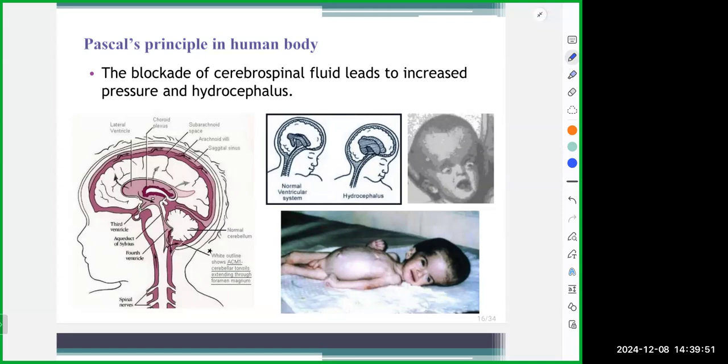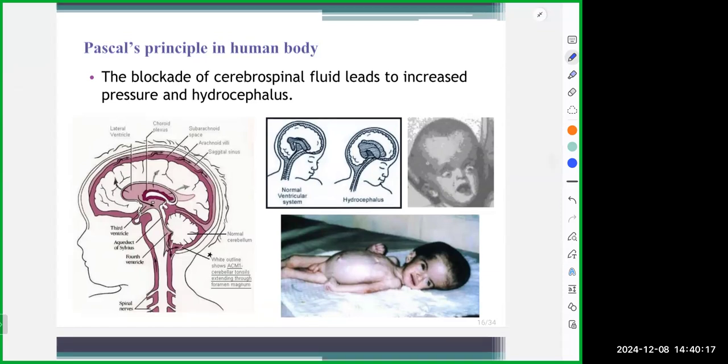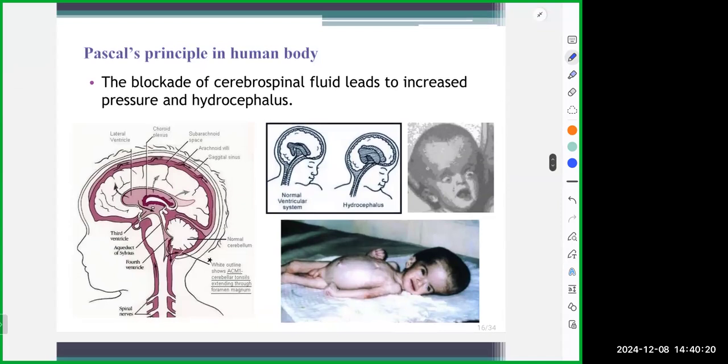So you can see that here, some part of the brain blocks the liquid flow, which causes the fluid to build up in the head, and this causes the disease in which the baby gets a bigger and bigger head.